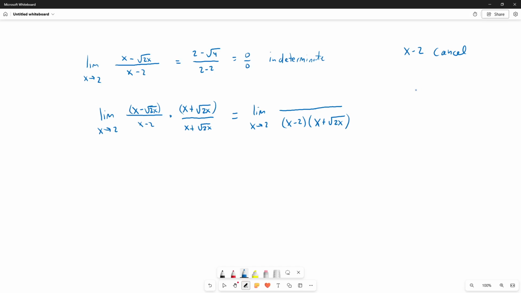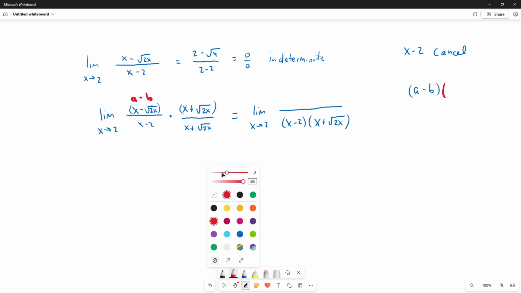We have something that looks like a minus b, and then we're going to multiply that by a plus b.